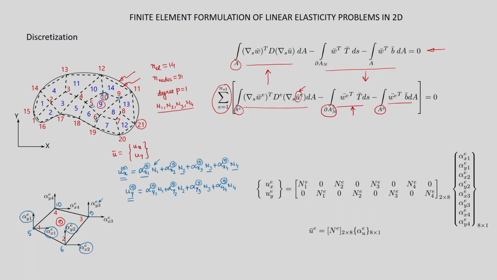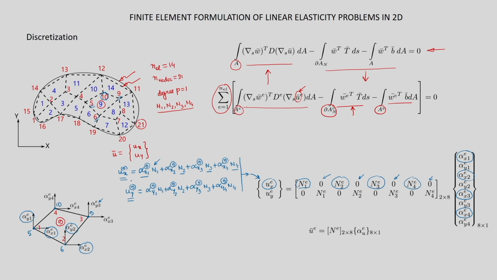So, if I stick to this approach, where the same set of shape functions are representing ux and uy, this expression can be rewritten in this form. Alright. So, ux in element E is equal to n1 times alpha x1, n2 times alpha x2, n3 times alpha x3, n4 times alpha x4, because of these intermediate terms as 0.